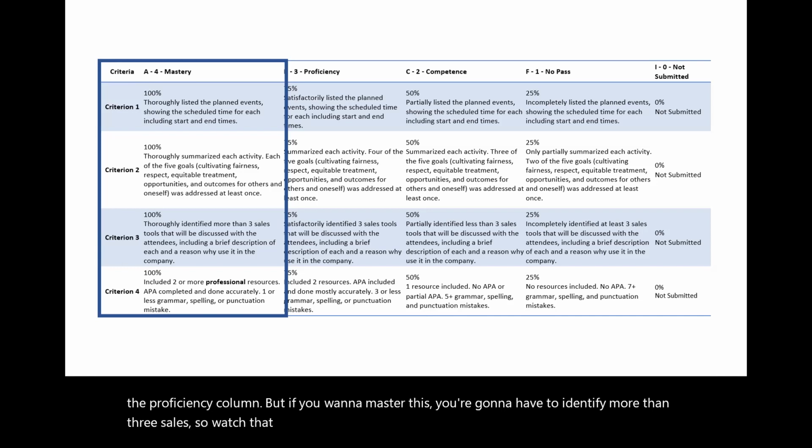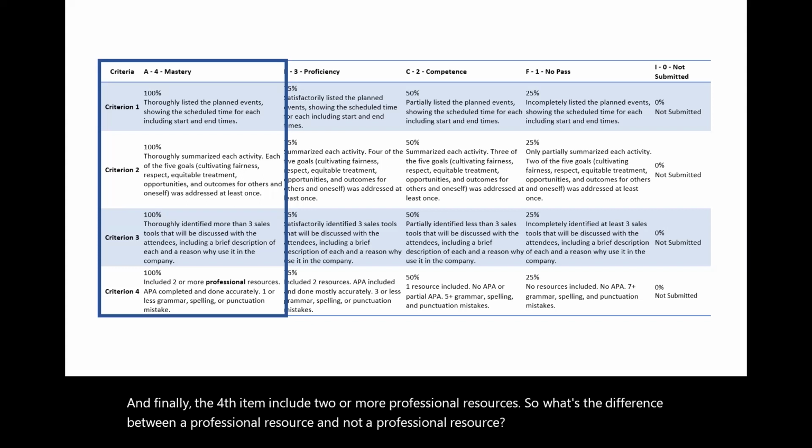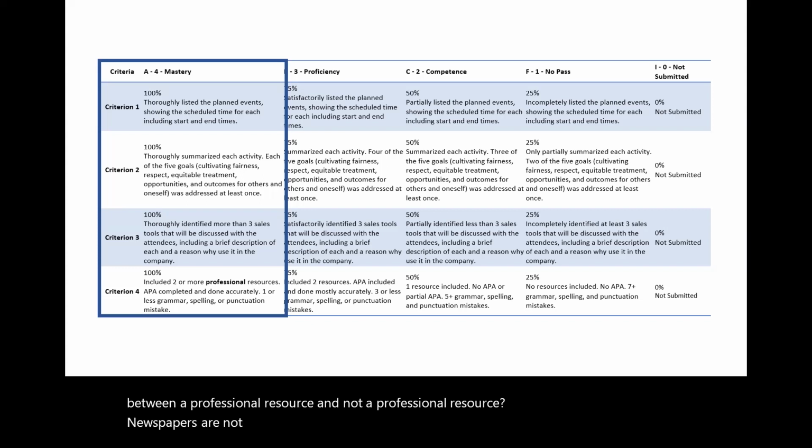more than 3 sales. And finally, the fourth item, include 2 or more professional resources. So what's the difference between a professional resource and not a professional resource? Newspapers are not professional. Encyclopedias are not professional. What are professional sources?